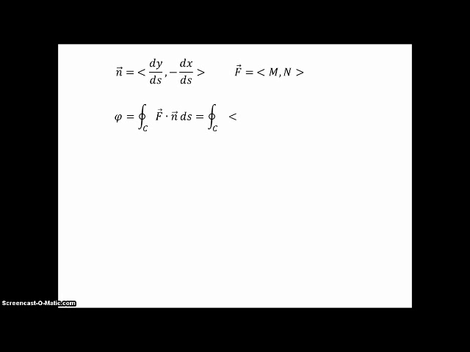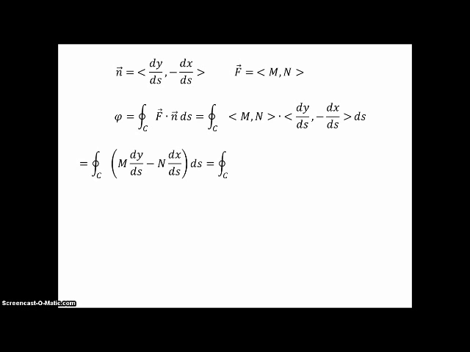And so our flux integral is f dot n ds, and so specifically that's m comma n dot dy ds comma negative dx ds. Carrying that out, we get that integral, and then we can bring the ds in and get a more familiar line integral, and then rearrange it so that your dx comes first.